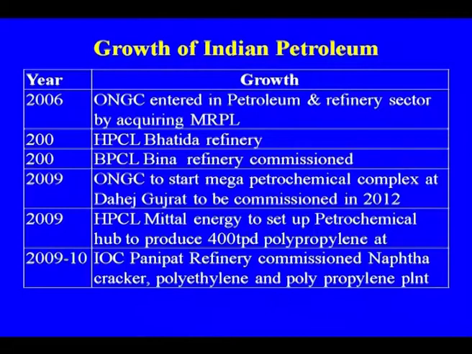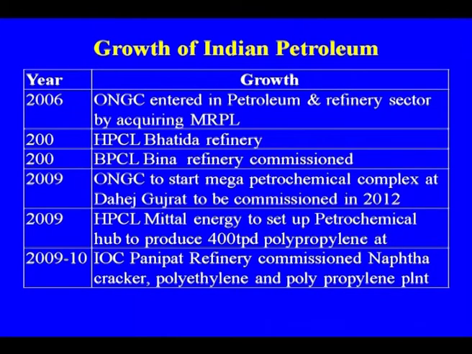In 2006, ONGC entered the petroleum refining sector, by acquiring the MRPL I was telling about, and then in 2010, I think now 2011 you can say, the HPCL Bhatinda Refinery with the collaboration of Mr.